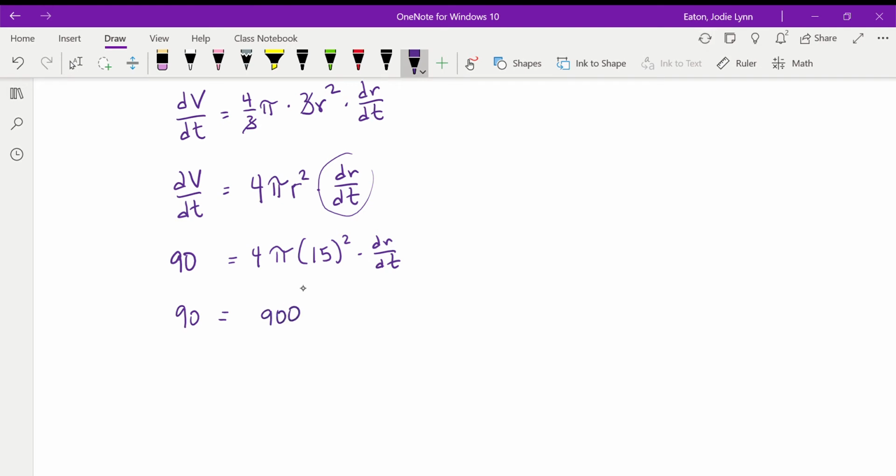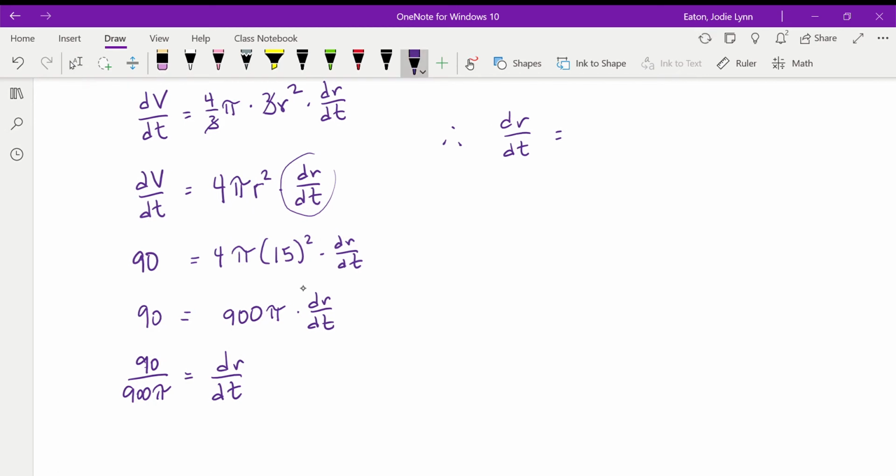So 90 equals 900 pi times dr/dt. And we get 90 over 900 pi is dr/dt. Simplifying, we get dr/dt equals 1 over 10 pi.